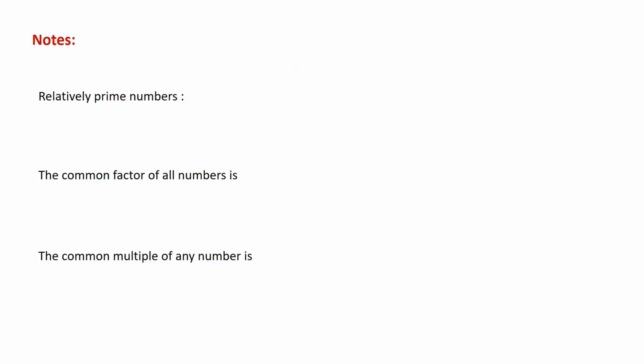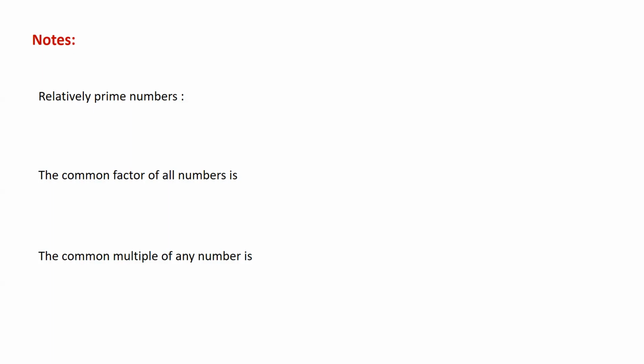Let's remember these notes together. What is the meaning of relatively prime numbers? Relatively prime numbers are numbers that are not necessarily prime, but if I factorize them, I'm going to find that the GCF is 1.